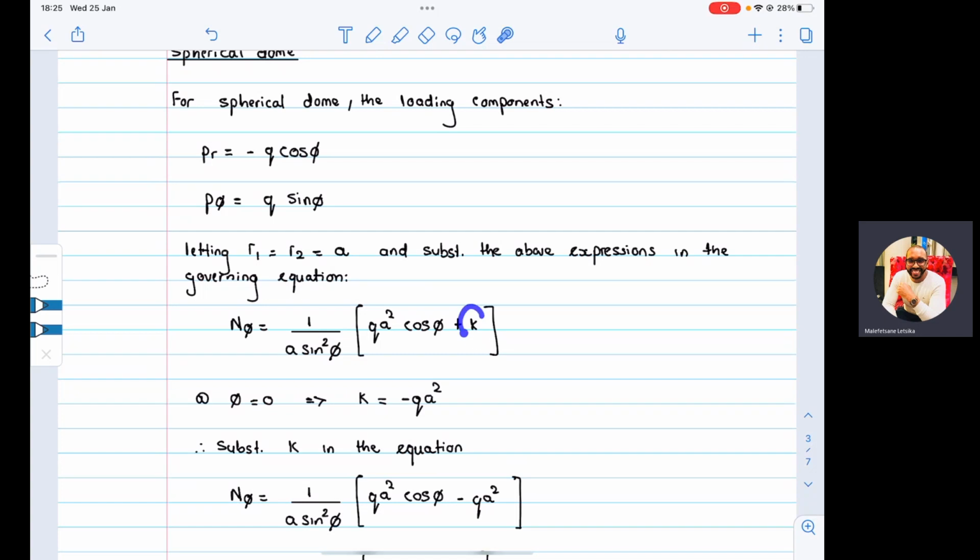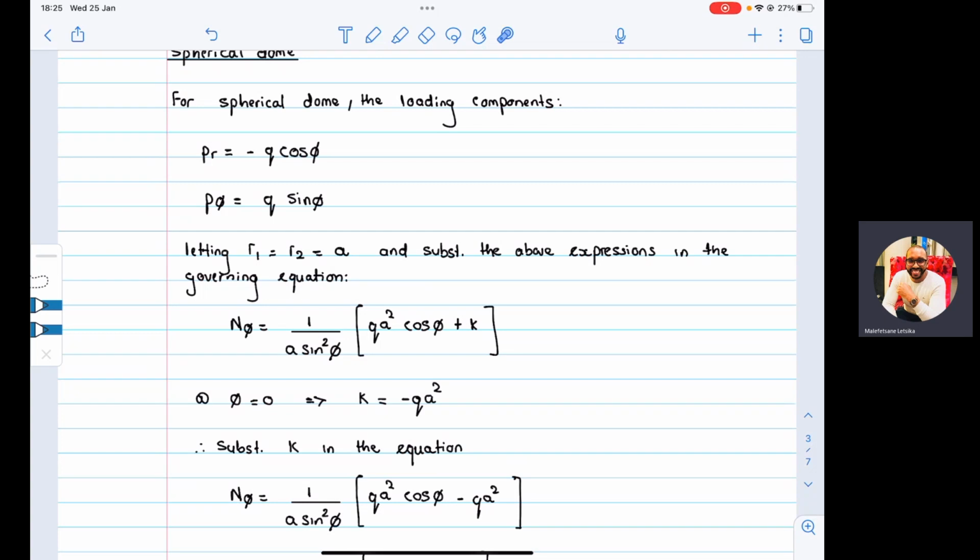And of course, this K here is the constant of integration. You remember when you used to do integration, especially for indefinite integrals, you integrate and then you have that plus C. It's the same thing here with that constant K. So we solve it using the boundary conditions, the support conditions basically.